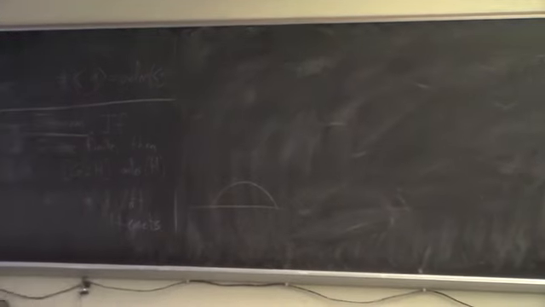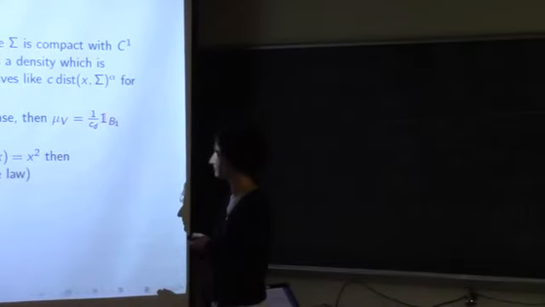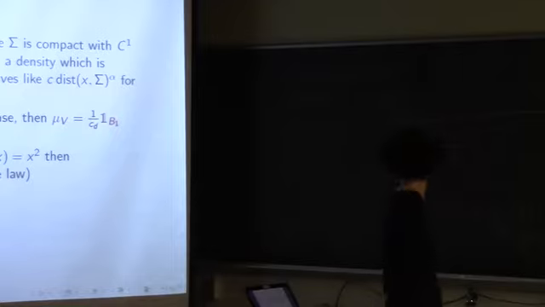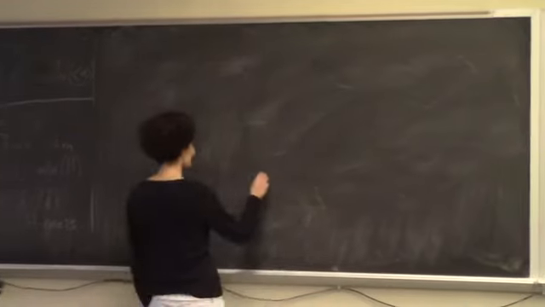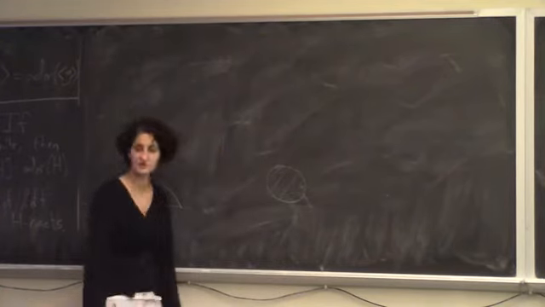Okay, so it turns out that in the interesting cases that we saw before, the case where v is quadratic, which comes up in random matrix theory, and for the Coulomb case, you can compute exactly that mu v is a characteristic function of a disk, so properly scaled. Okay, so mu v is just the uniform distribution in a disk.